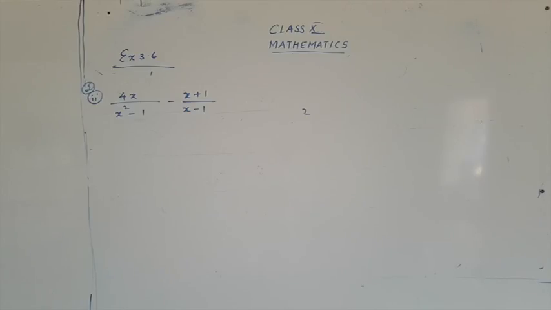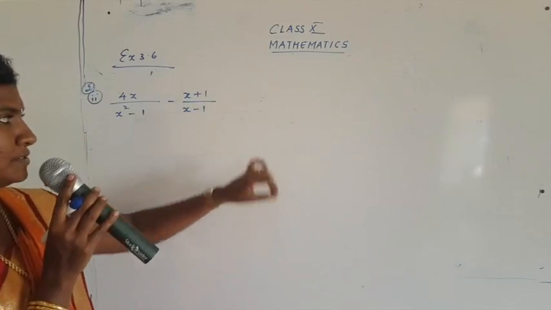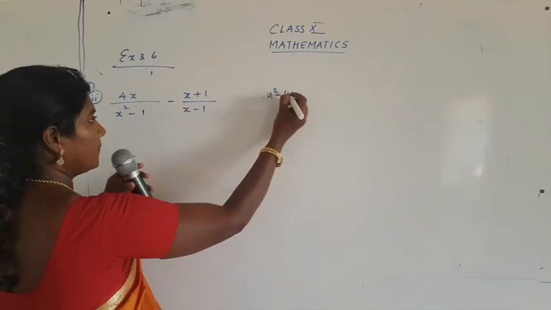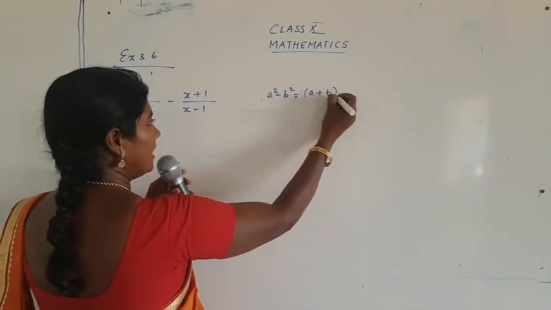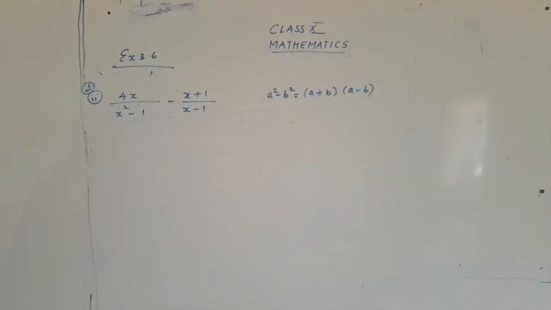So now just see the denominator for the first part carefully. Now x square minus 1 can be written as, how can you write x square minus 1? If I use the identity a square minus b square, so what do you get? a plus b, a minus b. Yes, this is a very easy identity that you people are studying from your 7th standard itself.